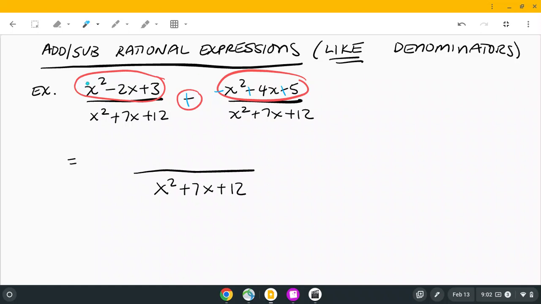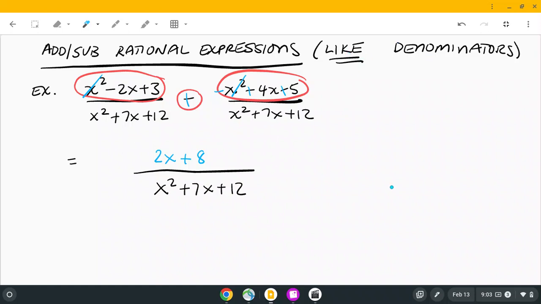And so that you can go, okay, x squared and negative x squared, that cancels out. Negative 2x and positive 4x, that's 2x. And 3 and 5 is 8. Okay? All right. So at this point, great. All you do is combine like terms up here, keep the denominator. It's going to be the same when these guys are like denominators.